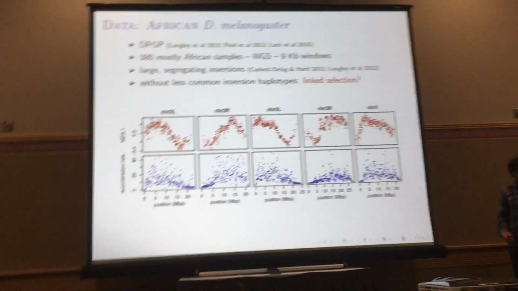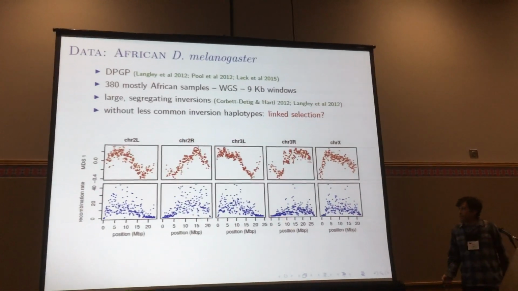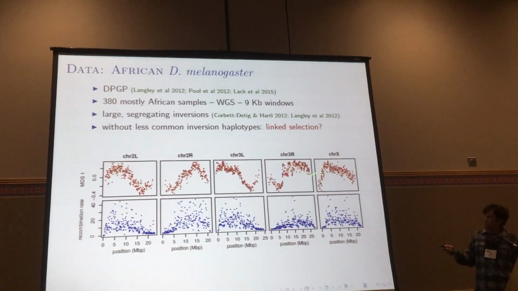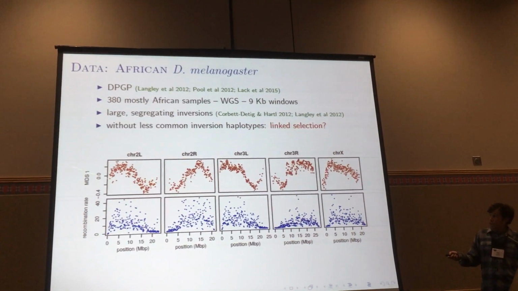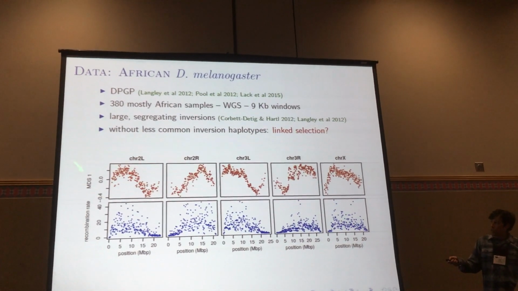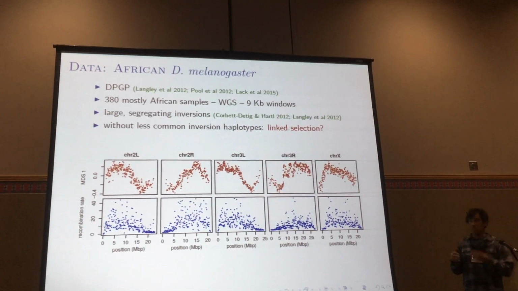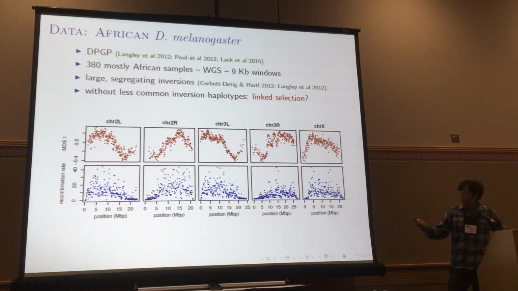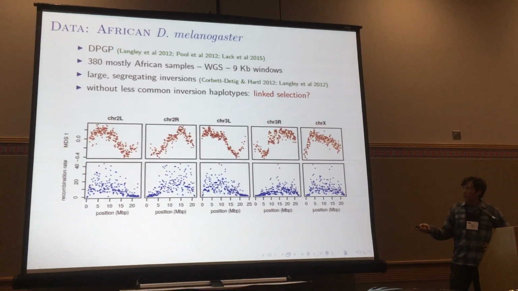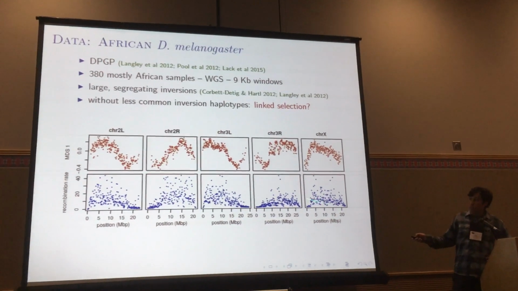Here's what happens if you take those out. This is now all the chromosome arms. On the top is position along the chromosome against MDS1, this measure of patterns of variation, and they're all on the same axis, so they're comparable. And down here, we've got recombination rate.